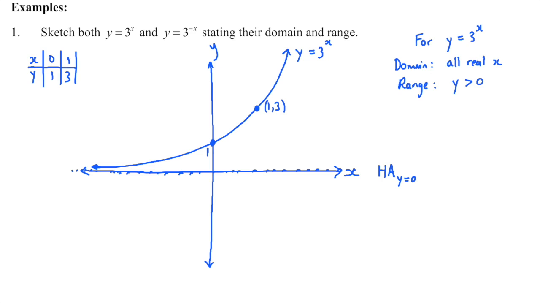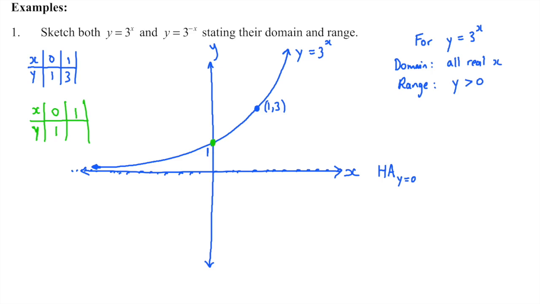Now, for the second graph, y equals 3 to the power of minus x, I know it's going to be like 3 to the power of x, but manipulated somehow. So this is what I'm thinking. Try a value or two. 3 to the power of minus 0 is 3 to the power of 0, which is 1, so it goes through at 1.